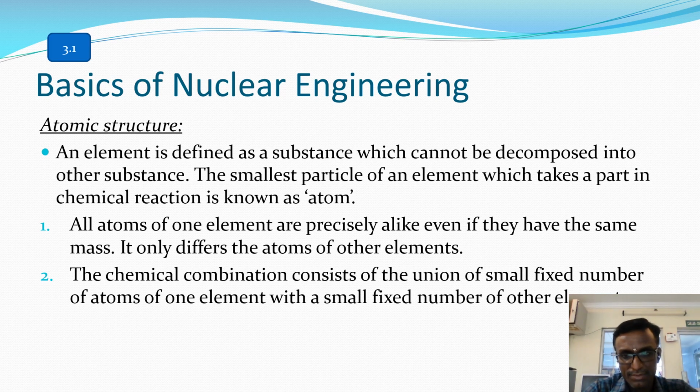If you take an atom, in its full form it can be called an element. The smallest particle of the element that takes part in a chemical reaction is called an atom. So we can take the whole component as the element, and in that whole component we have a very minute component, a very small segregation, that can be taken as the atom. The chemical composition consists of the union of a fixed number of atoms of one element with a small fixed number of atoms of other elements.